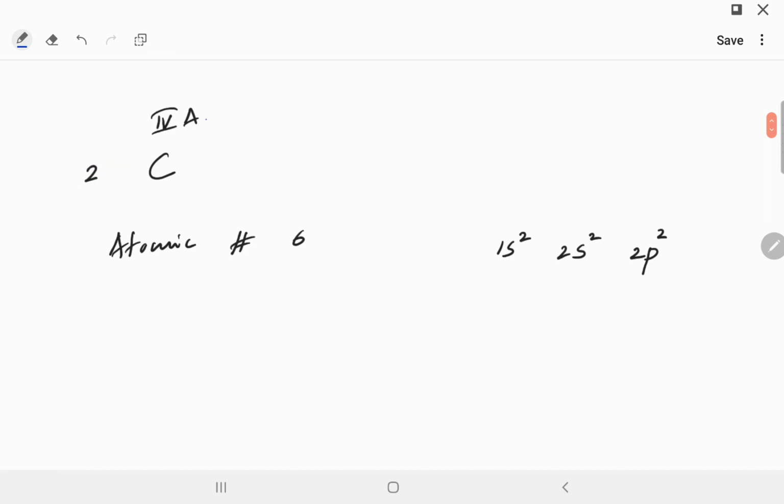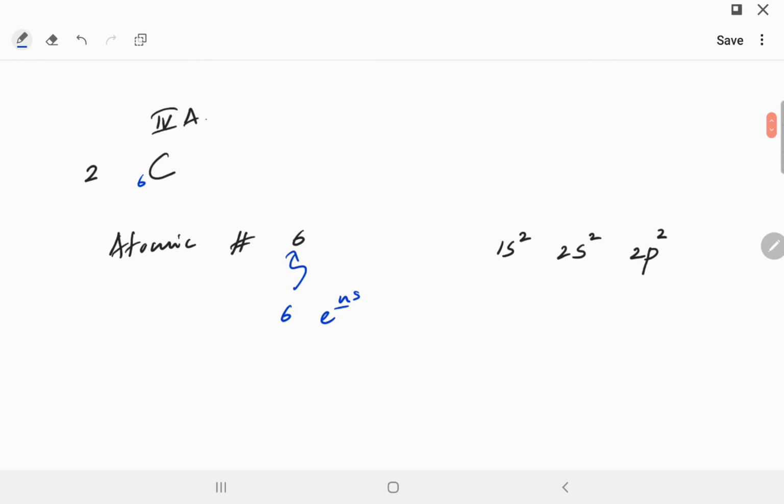The atomic number for carbon is 6, that means carbon has 6 total electrons, and the electron configuration can be written like this: 1s2, 2s2, and 2p2. As you can see, 2 plus 2 plus 2 adds up to 6 electrons.